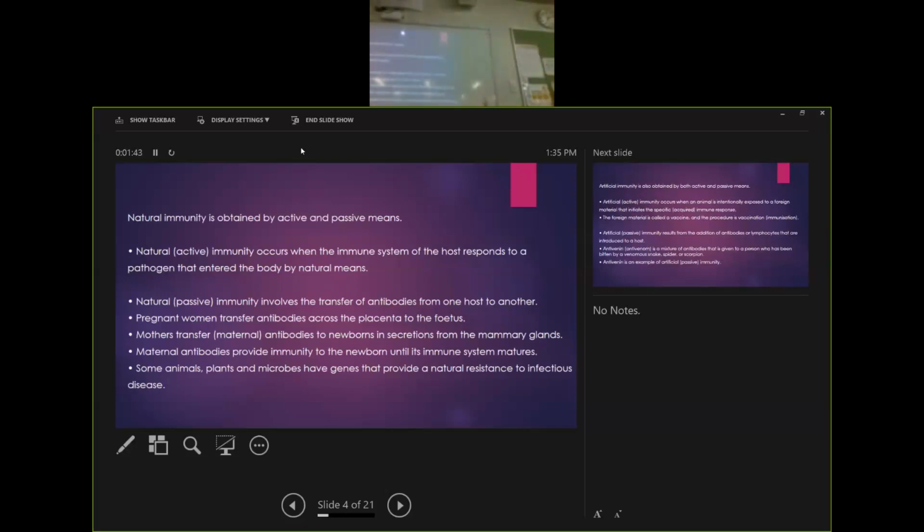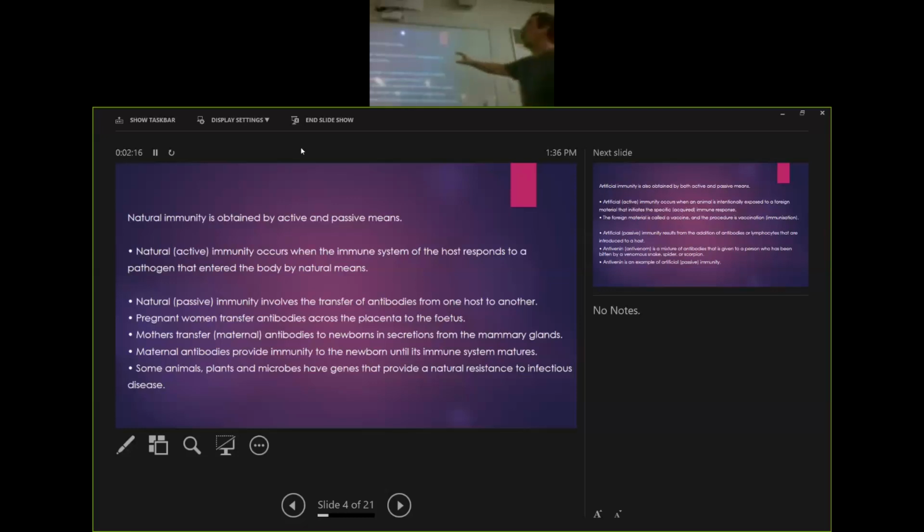Like we said, natural immunity is by a pathogen that's entered the body naturally. There are two variations of that. We have natural active immunity, where we're actually infected. That's the standard way. If we think about influenza, if you catch the common cold or the influenza virus, your body will mount an immune response to that.